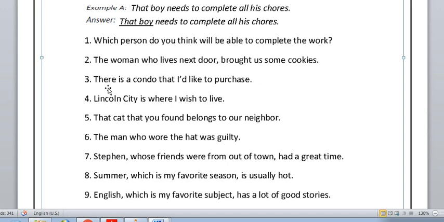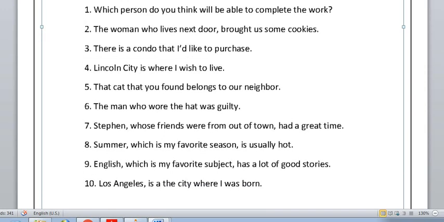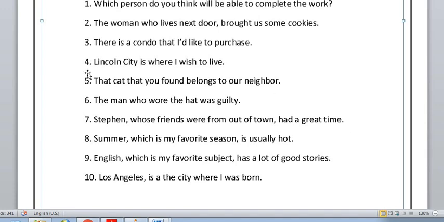All right. Our time is over. This is our work done. Now, from number 4 to 10, this is your homework. You will do it yourself, and you can write only the answer on a sheet, like I'd like to purchase.